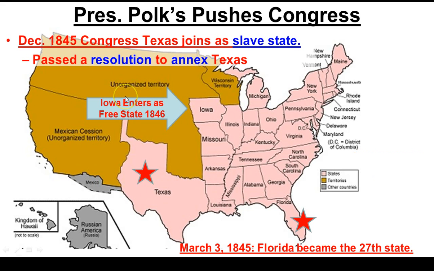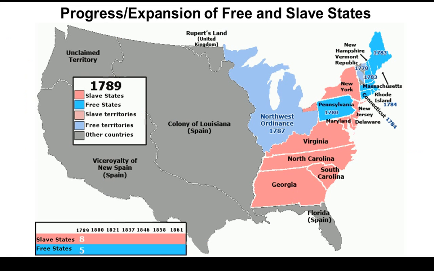So the South has a bit of an edge of senators in the United States Senate to block anything that's going to go on in the United States House of Representatives, which is controlled by population, heavily dominated by a highly populous North. So our progress and expansion of free and slave states is moving right along.